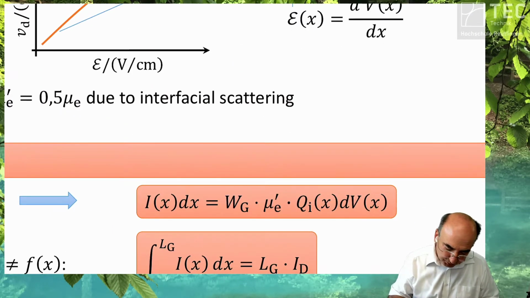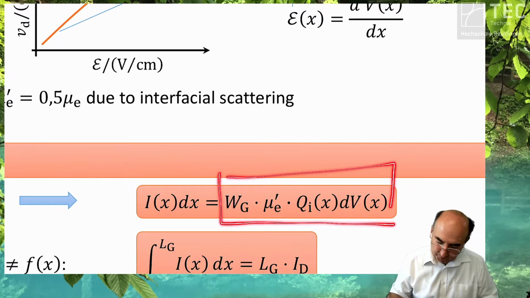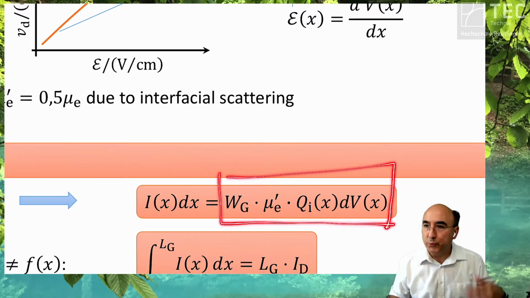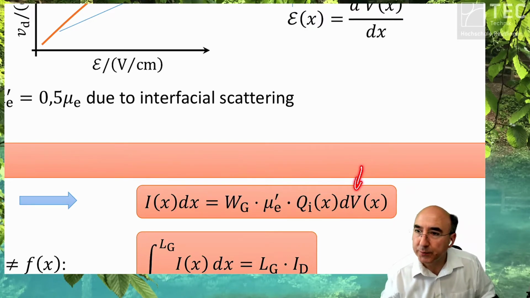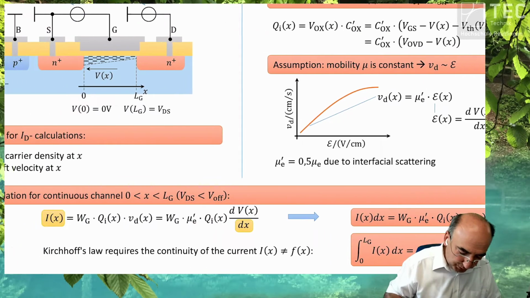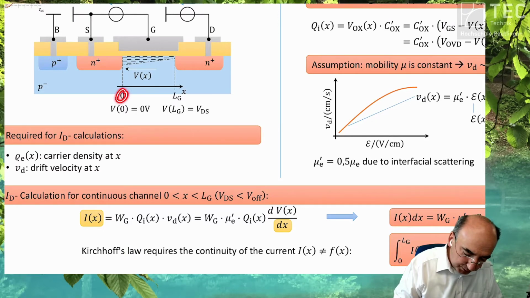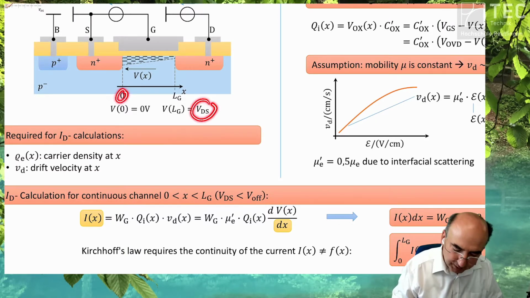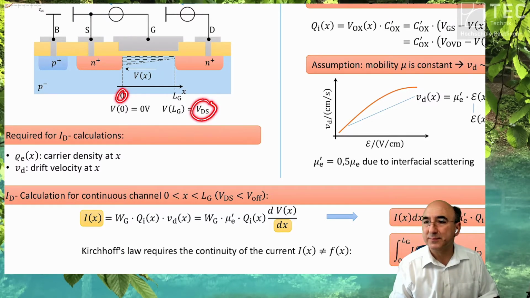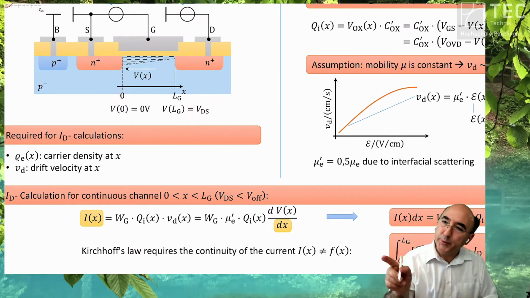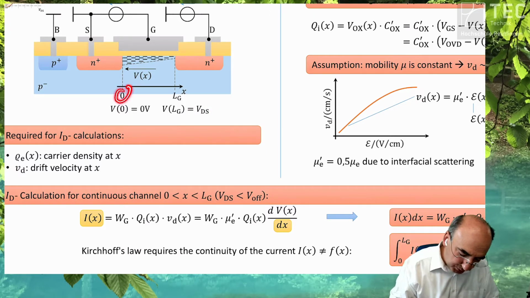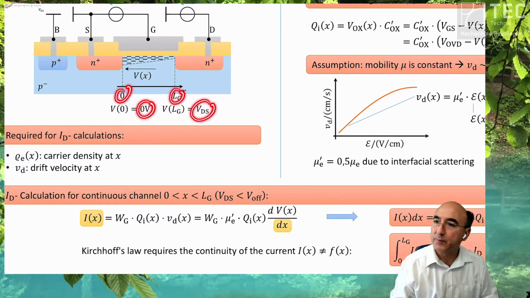Now let's concentrate on the right-hand side. From which value to which value we have to integrate the voltage? We have to integrate it from 0 to VDS. From 0 to LG is equivalent to from 0 volt to VDS.